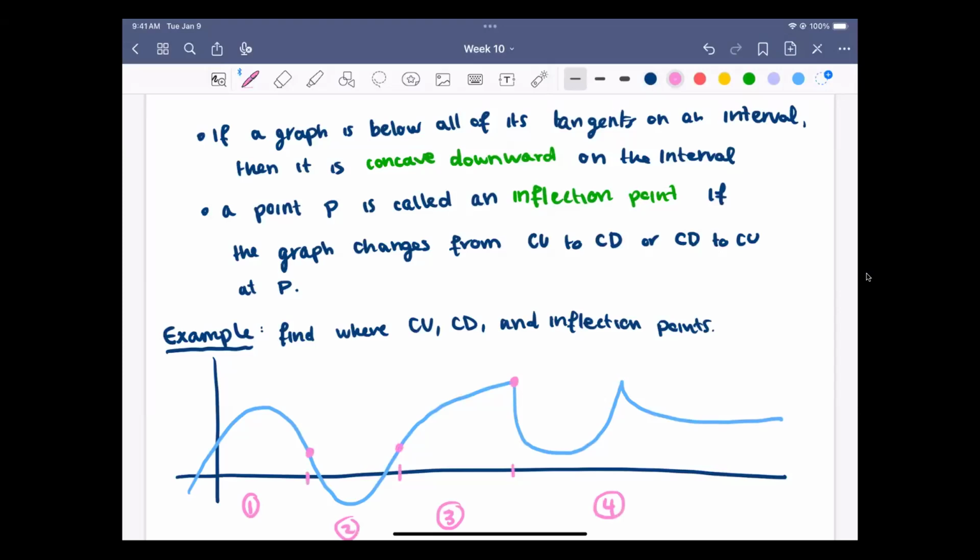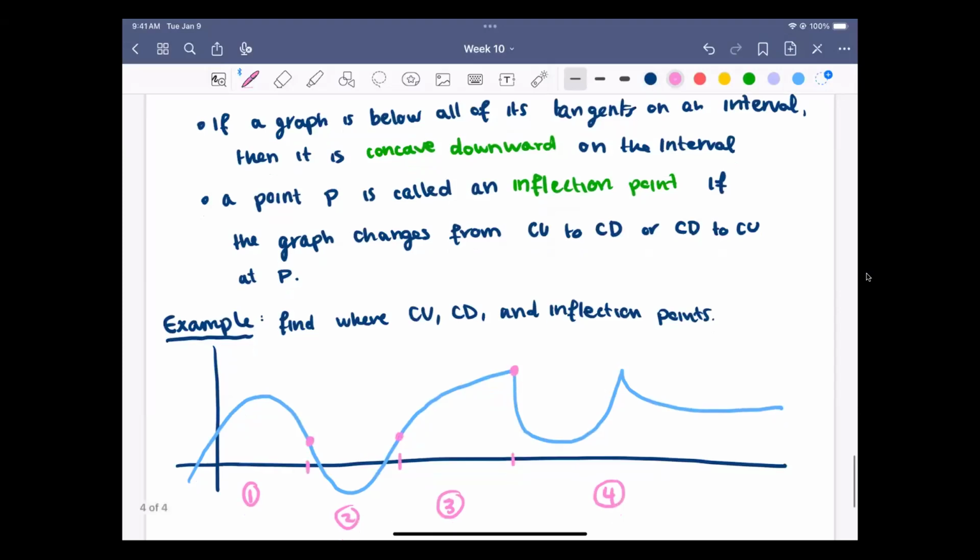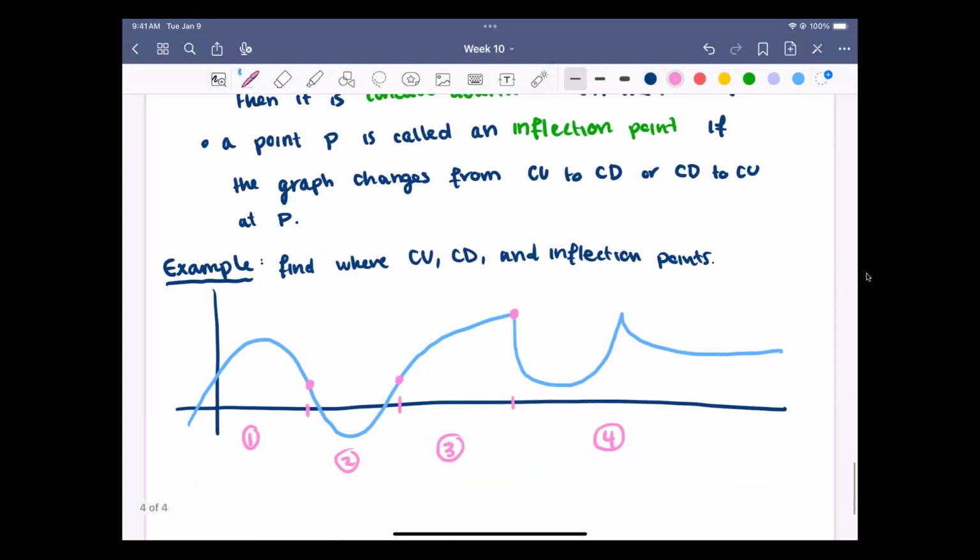And then what about 1 and 3? So what's going on here? So here we have concave down.